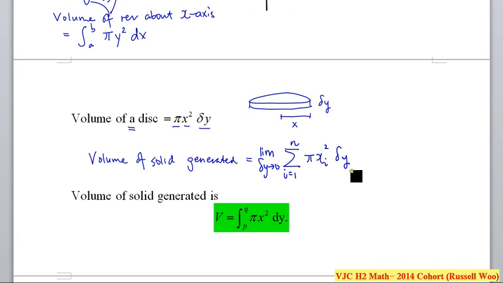But of course, we all know that we will use this. How you get from here to here, we will not worry about it. But actually, this is equivalent.